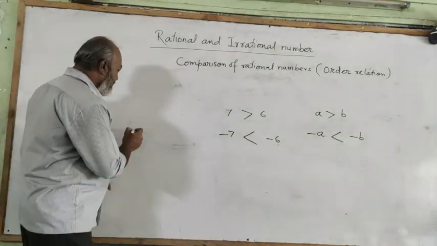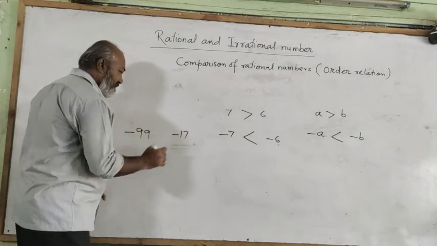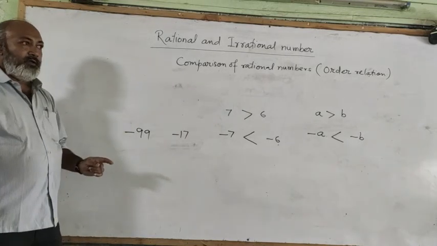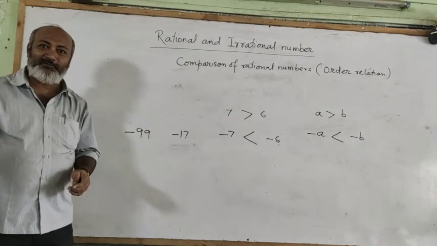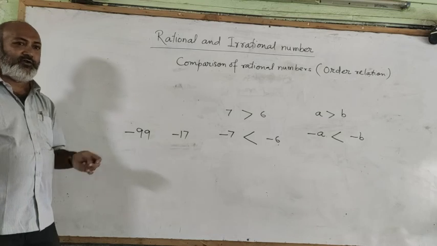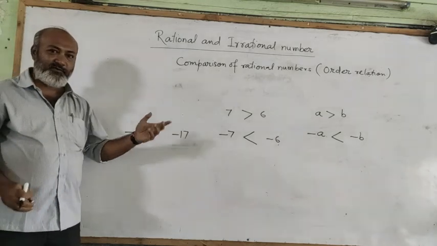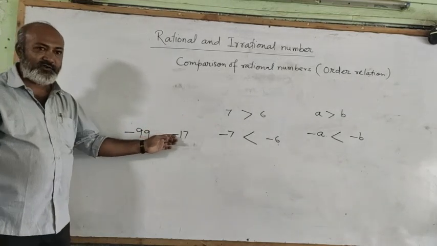If there is minus 99 and minus 17, these numbers are given. Obviously, you can say 99 is greater than 17. The majority of students will say 99 is greater than 17. But this is not the reality.